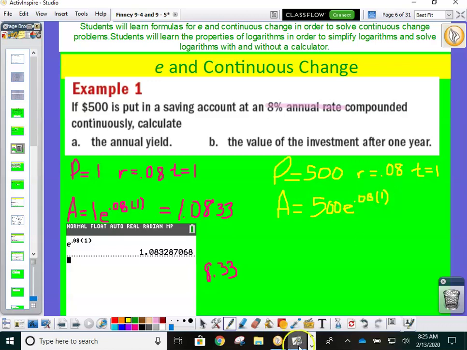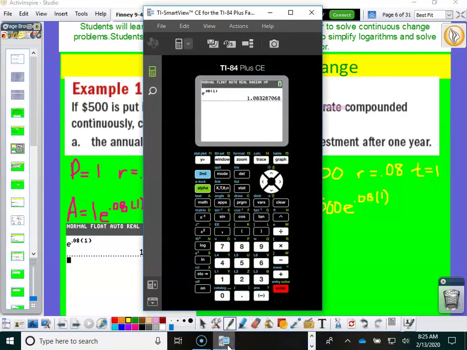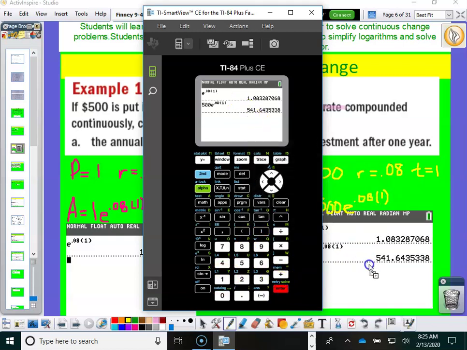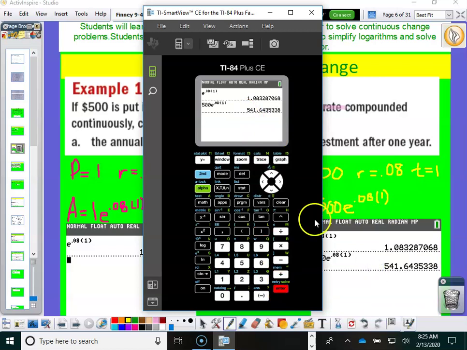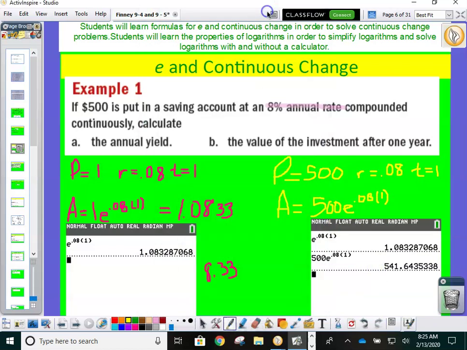So we go back to our calculator. Okay, I'm going to do 500, second natural log, and I do 0.08 times 1. And this tells me that the amount in my account is $541.64.